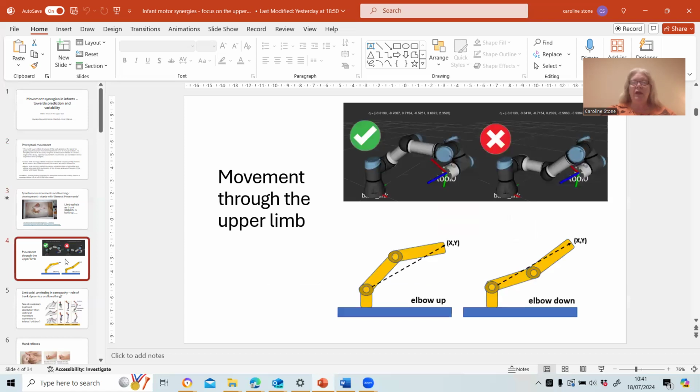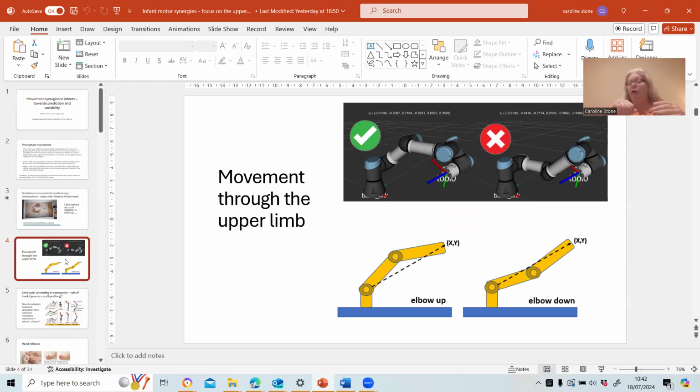When we're looking within the limb, when we have a multi-segmented dynamic, the movement or motor strategy is about how you place the limb through the limb rather than just focusing on the end target. There are a number of ways, if you want to reach out and grab something, that you can achieve that. You can put the shoulder forwards, the elbow out, and then the wrist forwards to get to a certain point.